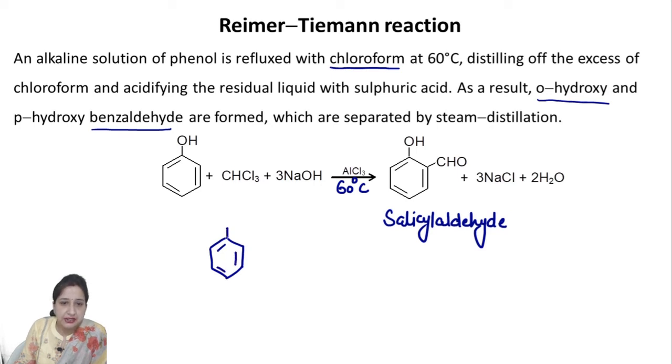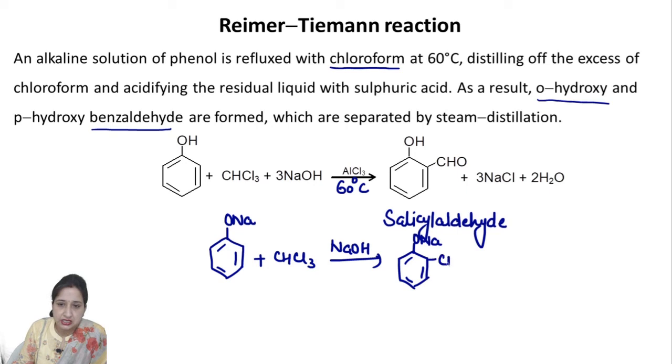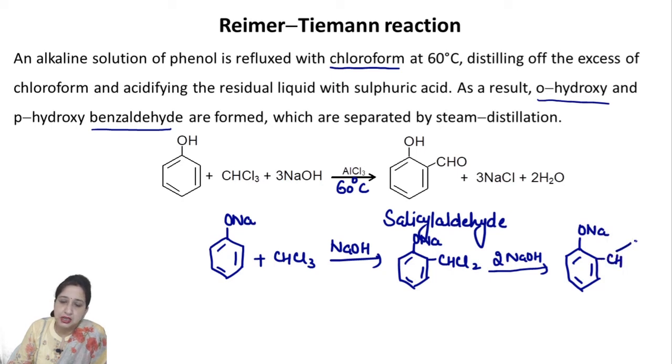This reaction basically takes place in a number of steps. First of all, we treat sodium phenoxide with chloroform in the presence of an alkali, and we get this product initially, CHCl2, which on further treatment with more molecules of sodium hydroxide gives this product with ONa, and here CH carries two hydroxyl groups, but this is very unstable in nature.